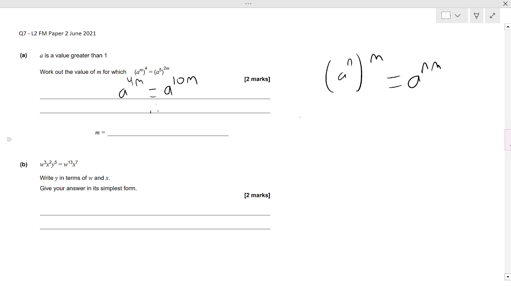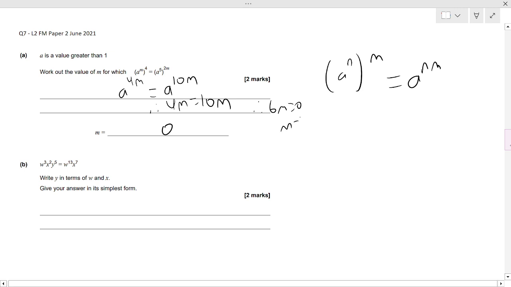Then we can say, well, 4m is going to equal 10m. And so I believe m is 0. Is that right? I assume so, because then you'd get 6m is 0, so therefore m is 0.